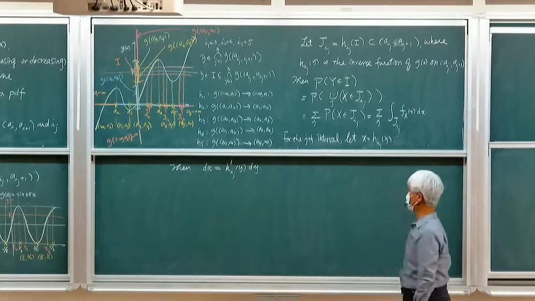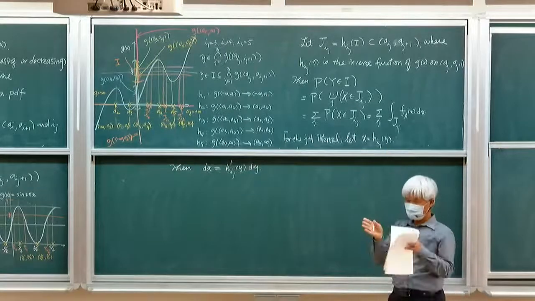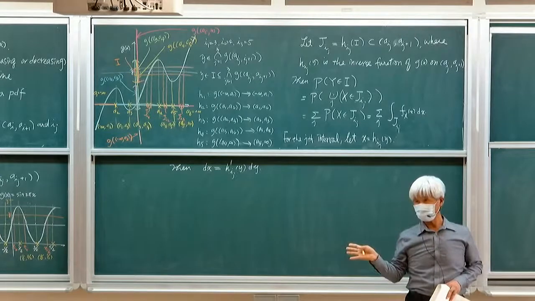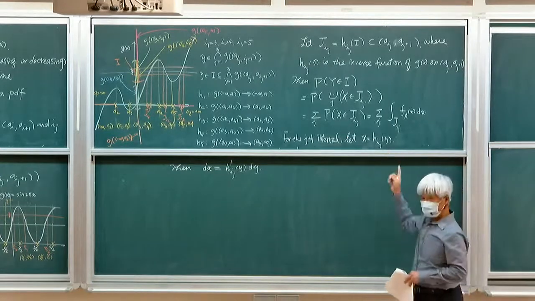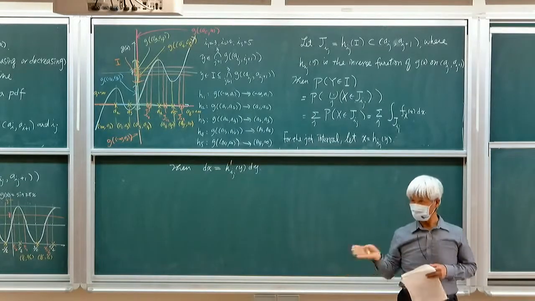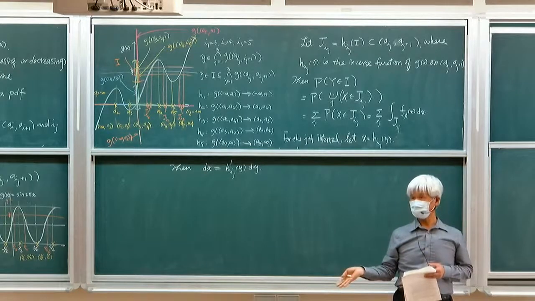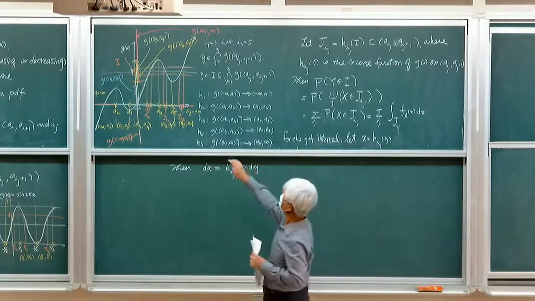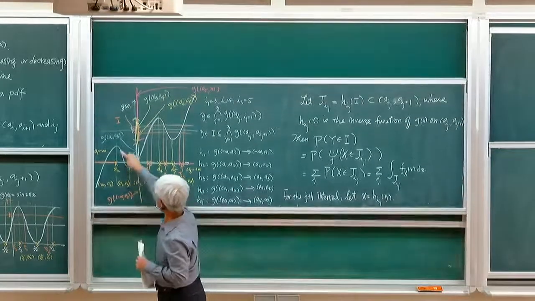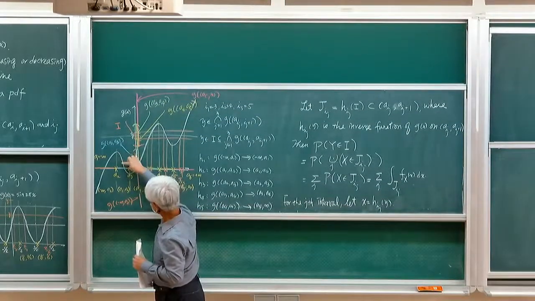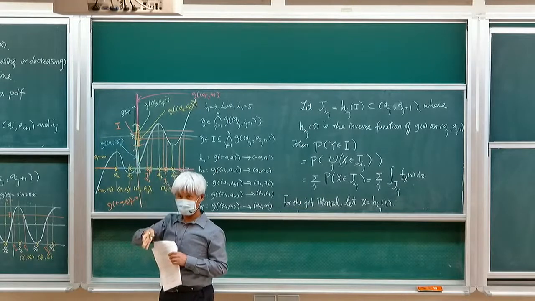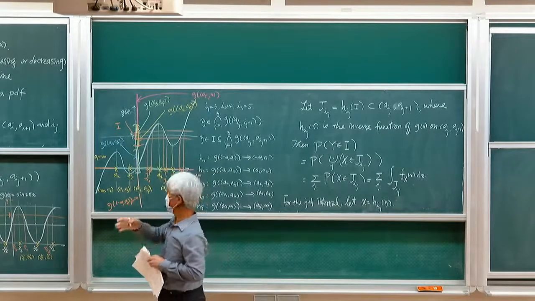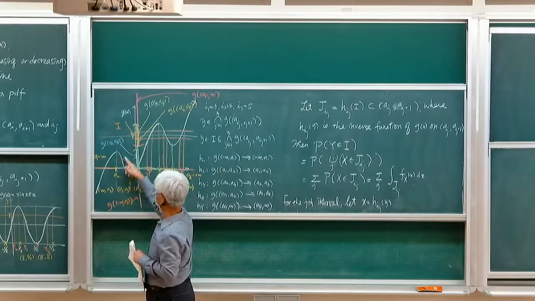Remember, because in each piece the g function is a monotone function, the inverse function is also a monotone function and differentiable. For example, in this piece, it's monotone decreasing and differentiable.